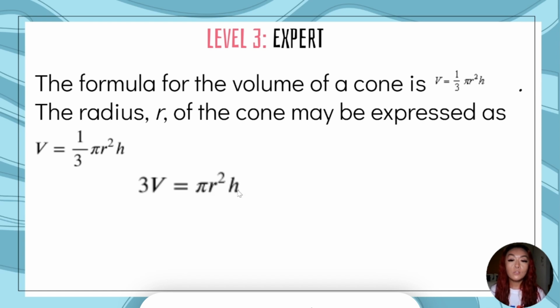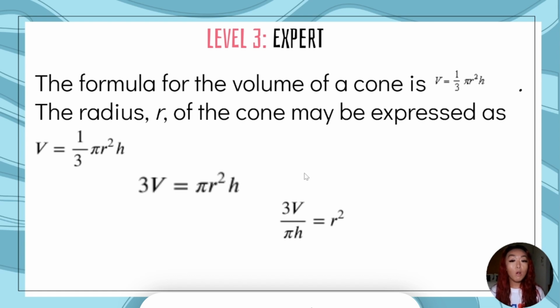So now what we're going to do is divide both sides by pi and h. You can do this separately if you'd like in 2 different steps, or you can do them in the same step. But r squared is being multiplied by both pi and h, so we need to divide both of those terms out. And we get 3V over pi h equals r squared.